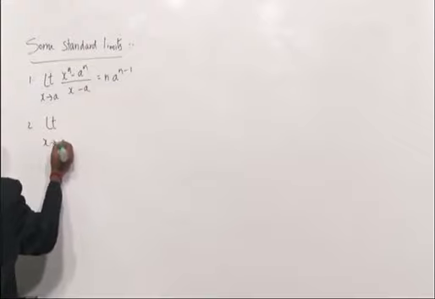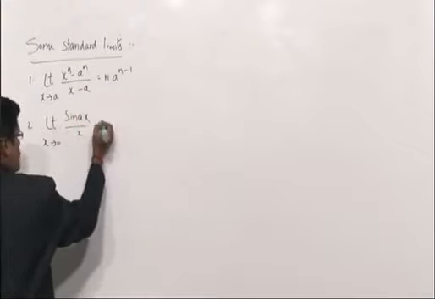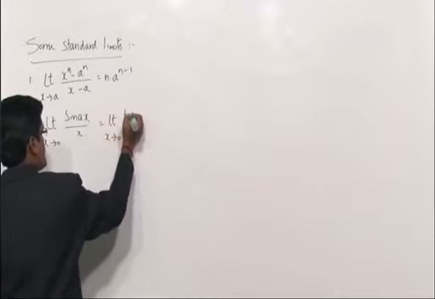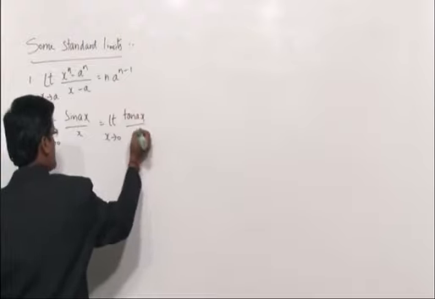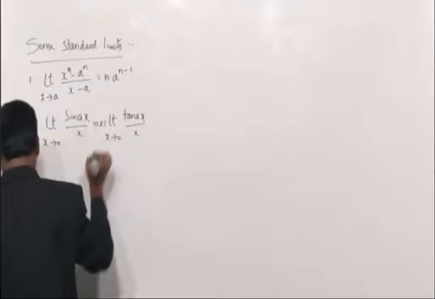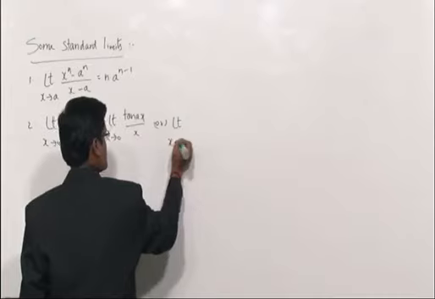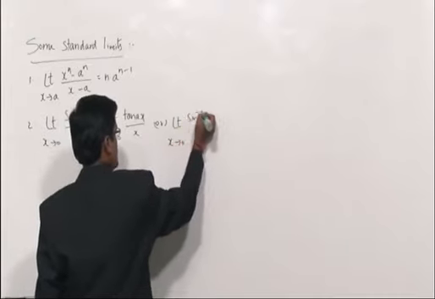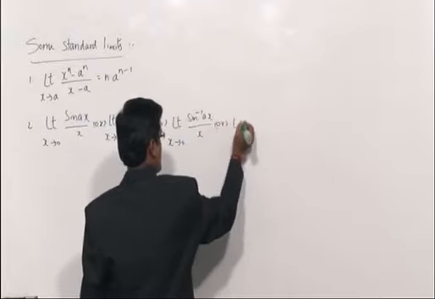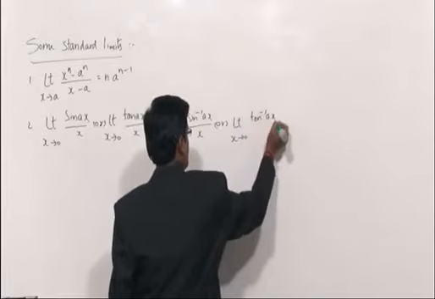Limit x tends to 0 of sin ax by x. This is nothing but limit x tends to 0 of tan ax by x. All are equal, or instead of is equal to, just put r. Or limit x tends to 0 of sin inverse ax by x, or limit x tends to 0 of tan inverse ax by x.